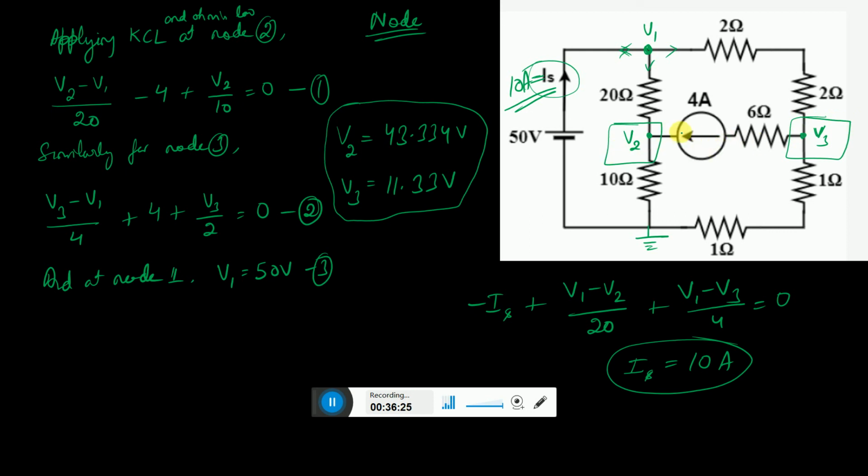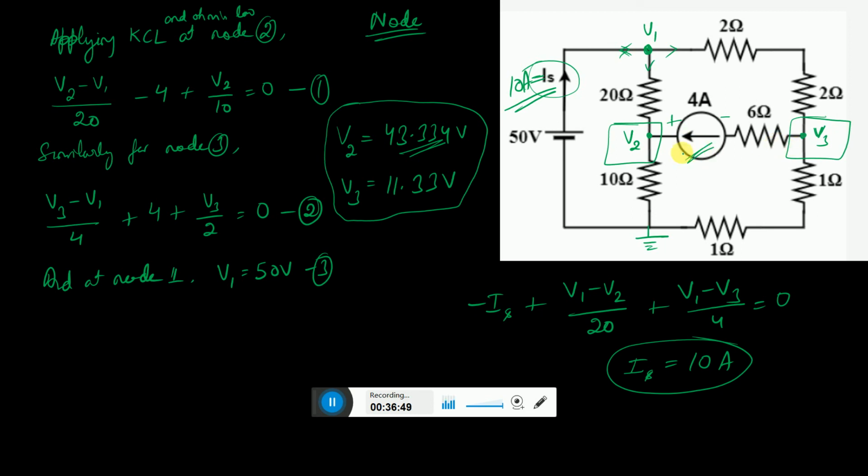But remember that there is a current source in between. It must have some potential across it, plus and minus. So this V2 must be at a higher potential. That potential across the current source is balanced so that there is no current flowing through the 6 ohm resistor.